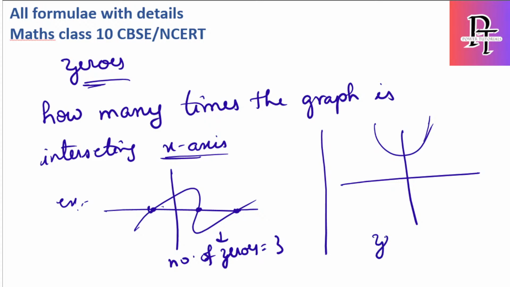If the graph is like this instead, can anyone answer how many zeros there are now? The answer is 0 because it is not intersecting the axis.